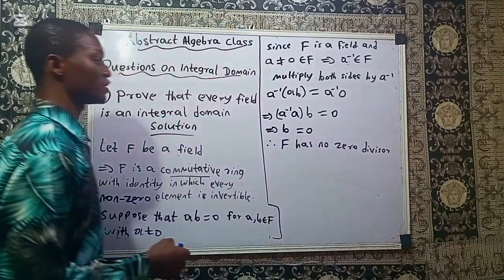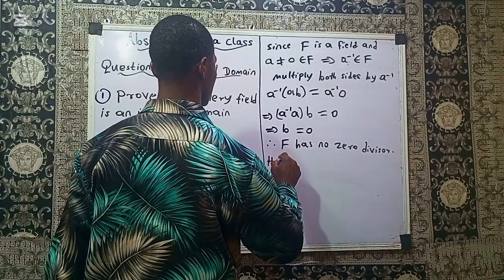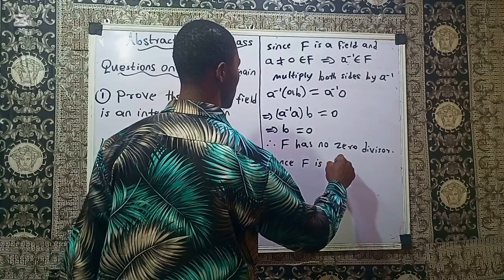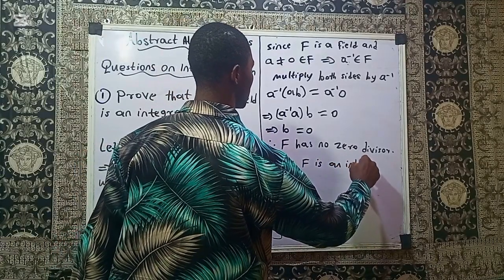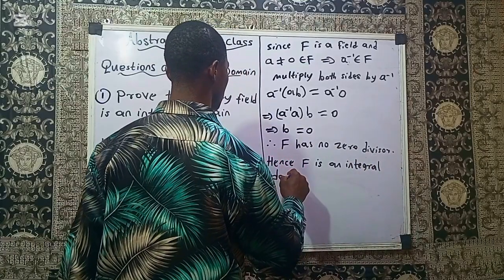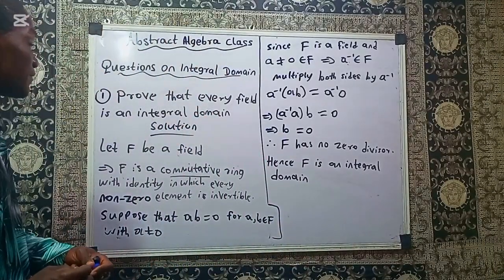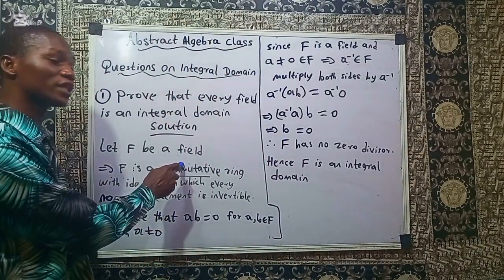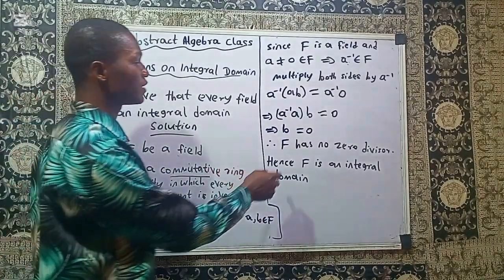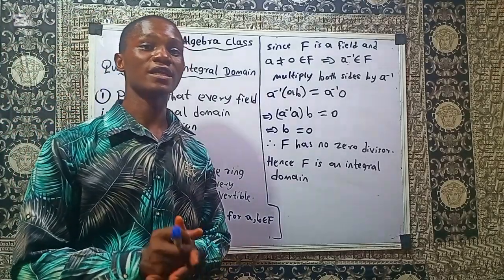Hence F is an integral domain. So we have concluded that the field F is an integral domain because it is commutative, it has identity, and we have shown that in a field F there are no zero divisors. And this is the complete definition of an integral domain.